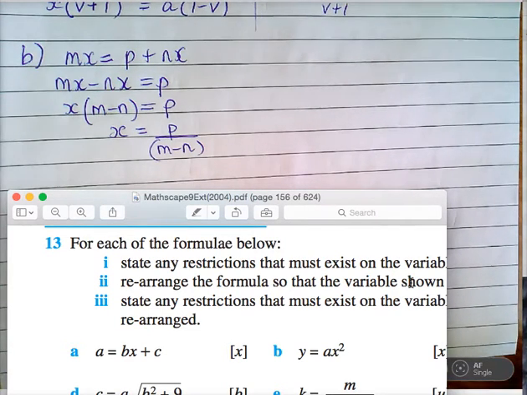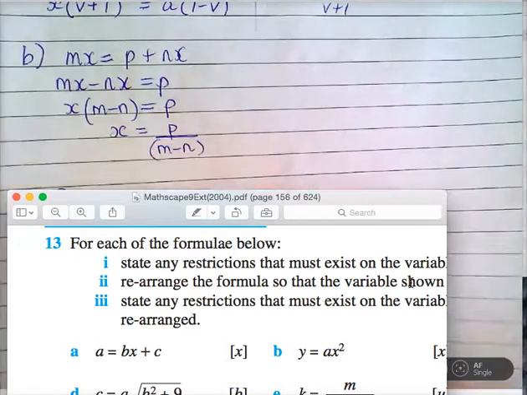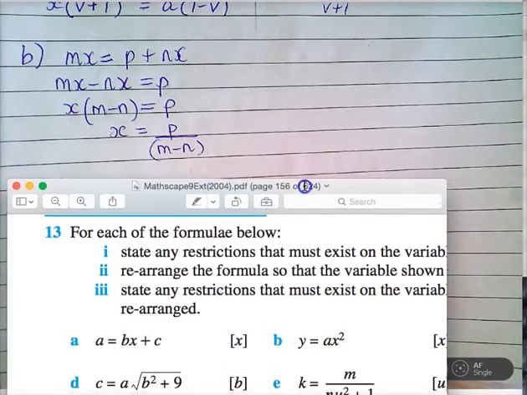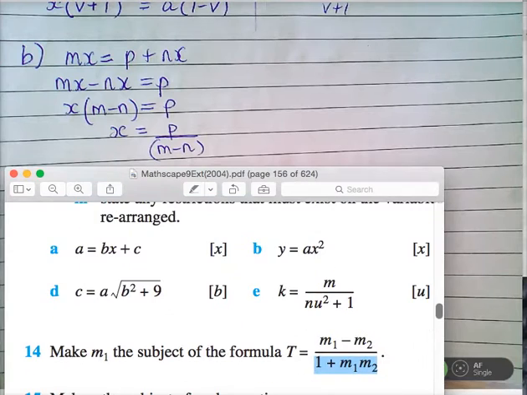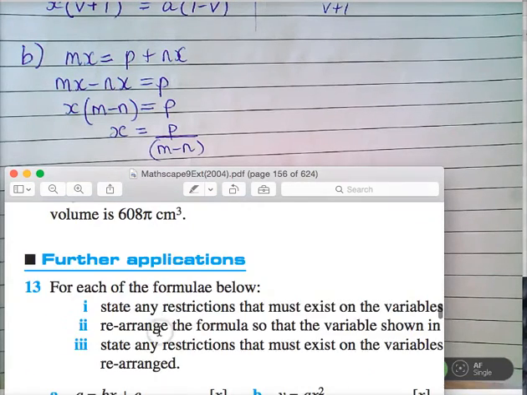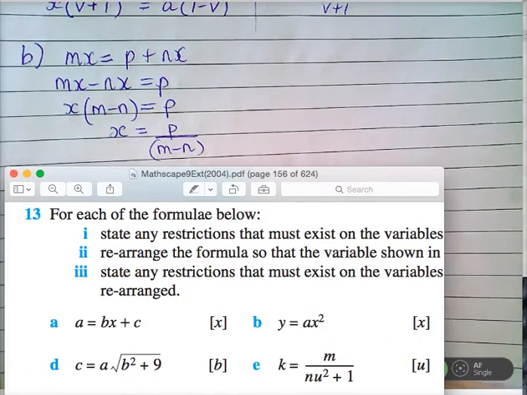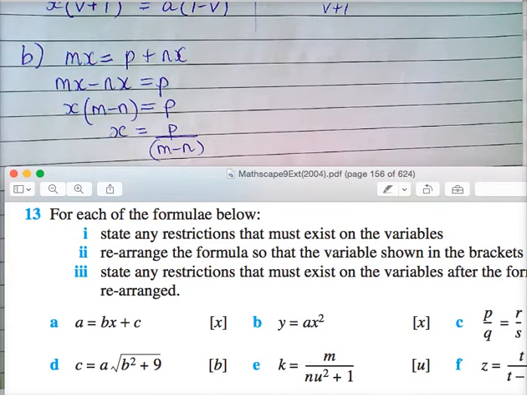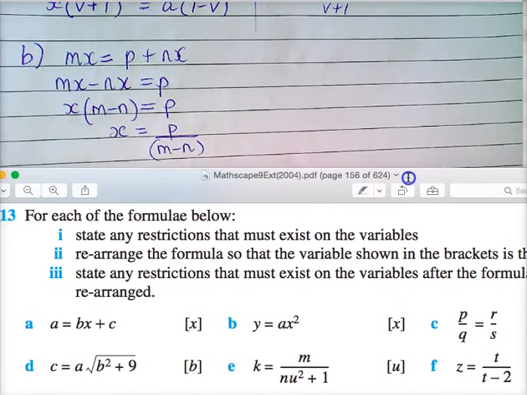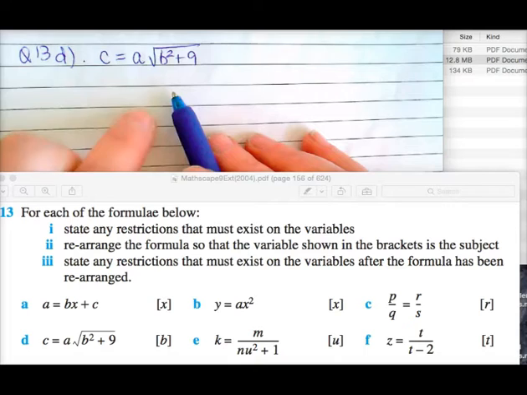Question 13, further applications. I'm looking further out. Yes. Girls, you need to listen. Yeah, but on here, there's like 10 seconds. One to do it with.